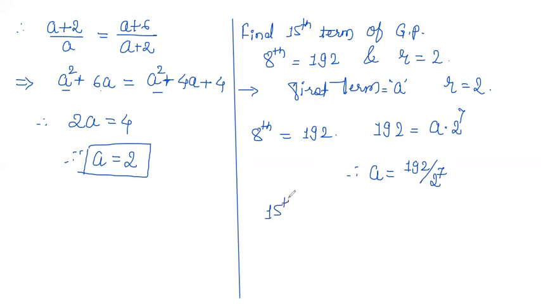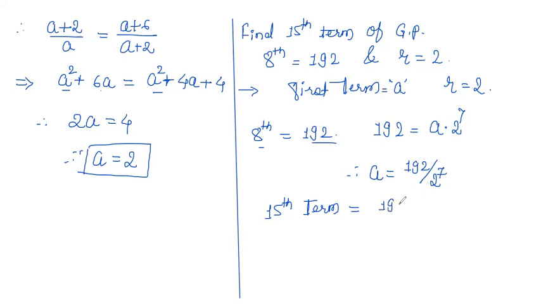So 15th term is equal to काय येईल आता इथं? 8th term आहे 192 आणि a आहे 192 divided by 2 raised to 7. आता 15th term कसं कन्सिडर करणार तुम्ही? a into r raised to 15 minus 1.